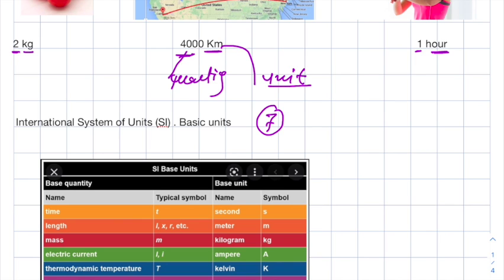Time is measured in second, distance in meter, mass in kilogram, current in ampere, temperature in Kelvin, amount of substance in mole, and the intensity of light in candela.